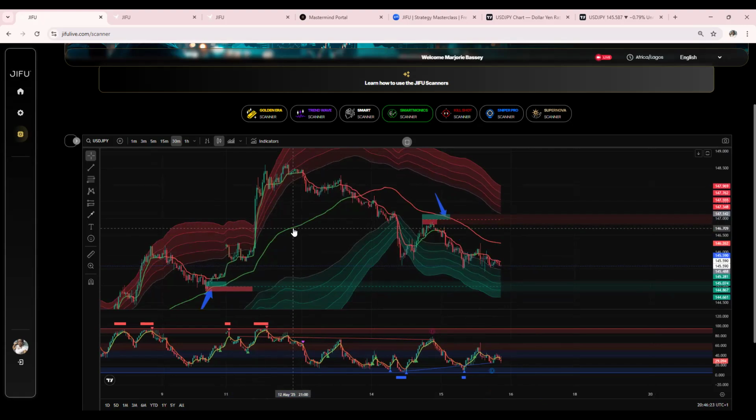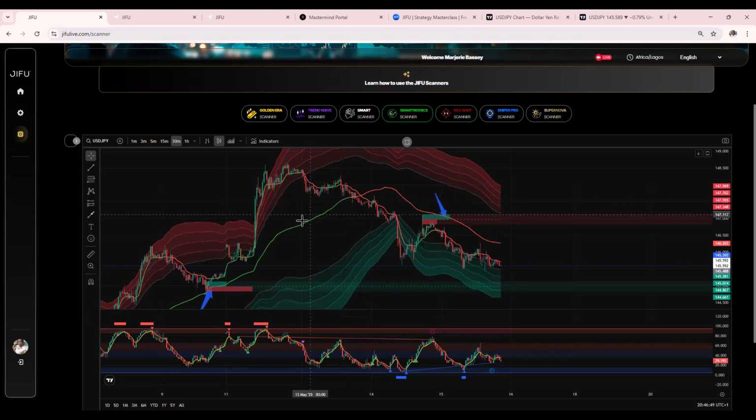This thick line, what happens is that when the market structure is bullish, the color of the EMA line, you can see here, is green. It will show green. It's one of the confirmations. If you're looking at a buy in that market, it's a confirmation that the market is bullish.